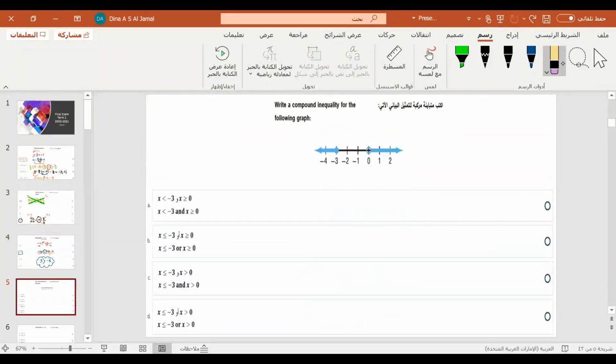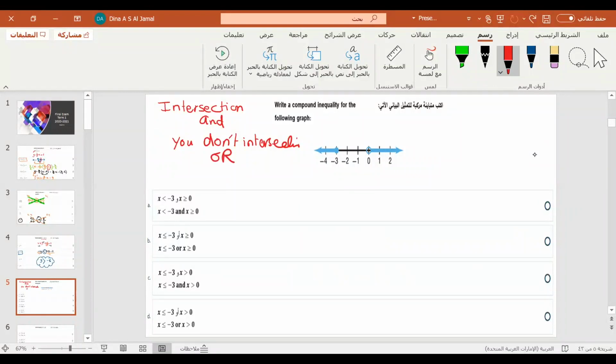Now, let's see this. We are having a question to write a compound inequality for the following graph. So, whenever we are having an intersection, that means use and. Whenever you don't have an intersection, you will be using or.